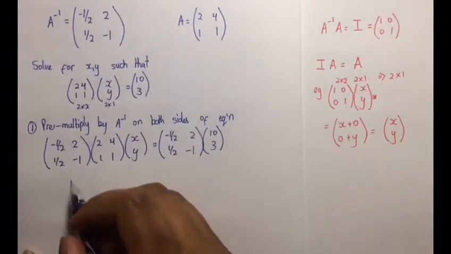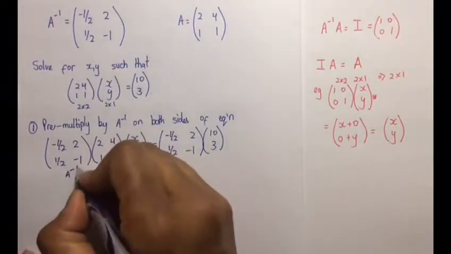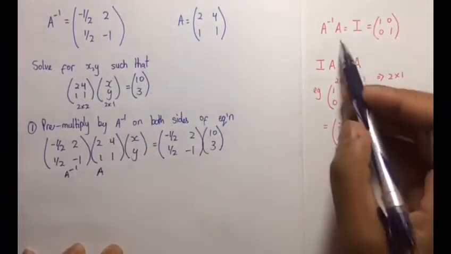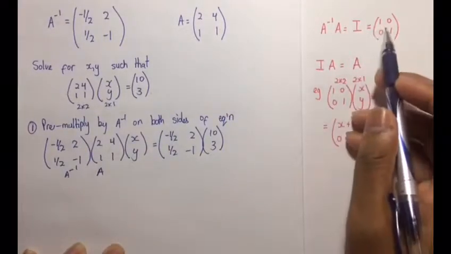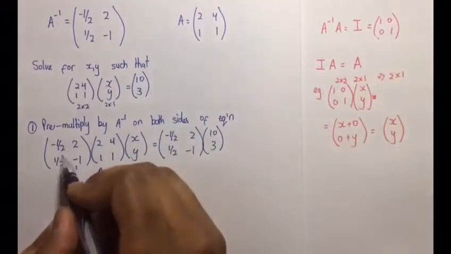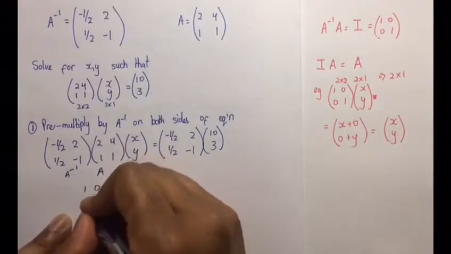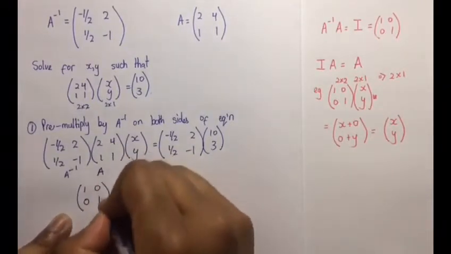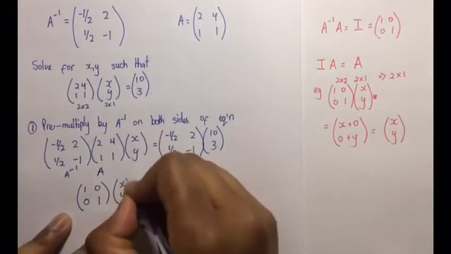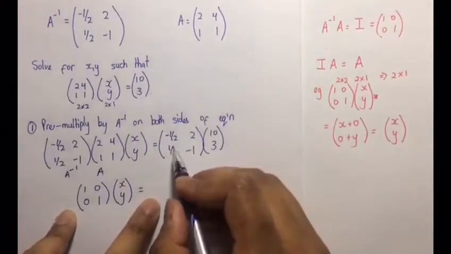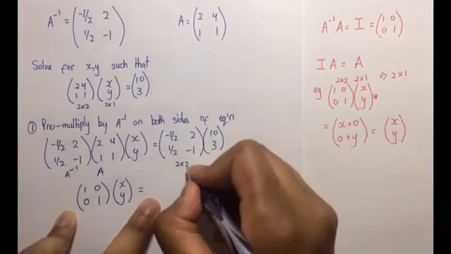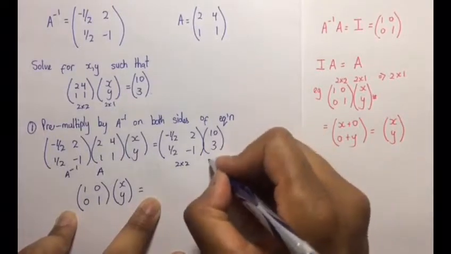Now we notice here that we have A inverse times A, and we see from this that A inverse times A equals the identity matrix. So this multiplied by this gives us 1, 0, 0, 1 multiplied by xy is equal to, and let's multiply this side out. This is a 2 by 2 matrix and this is a 2 by 1 matrix.